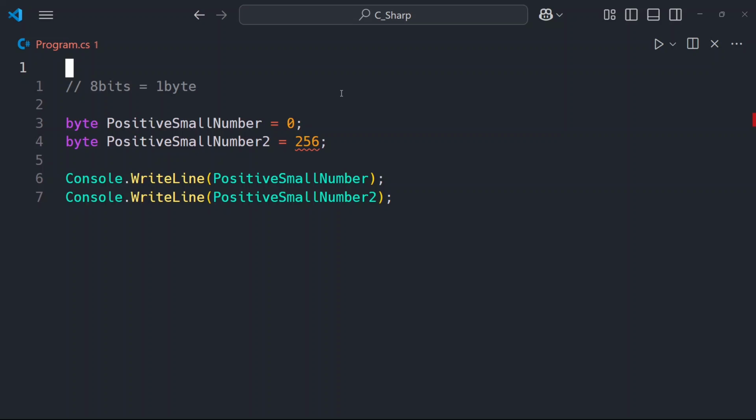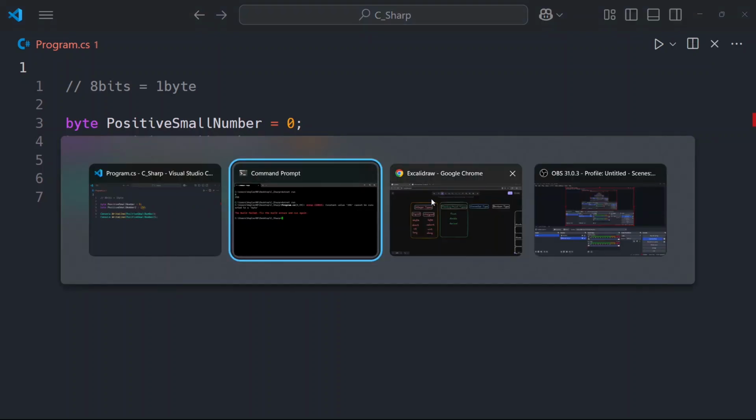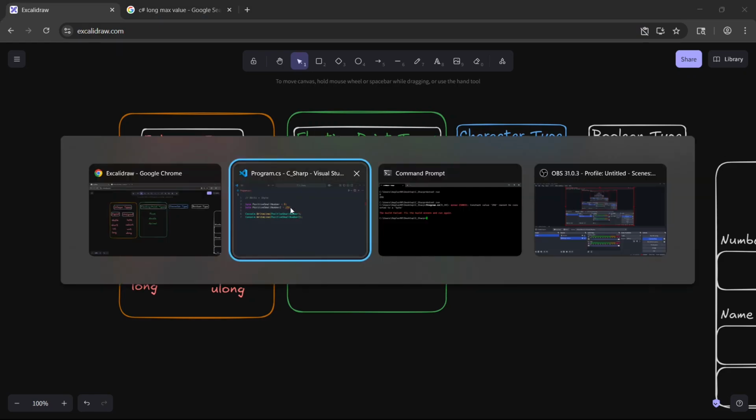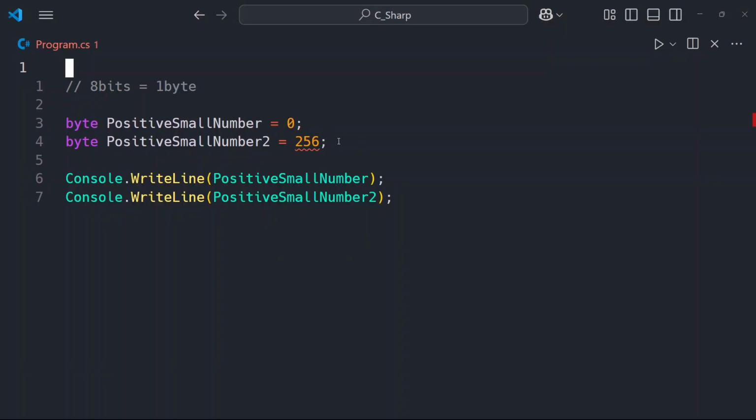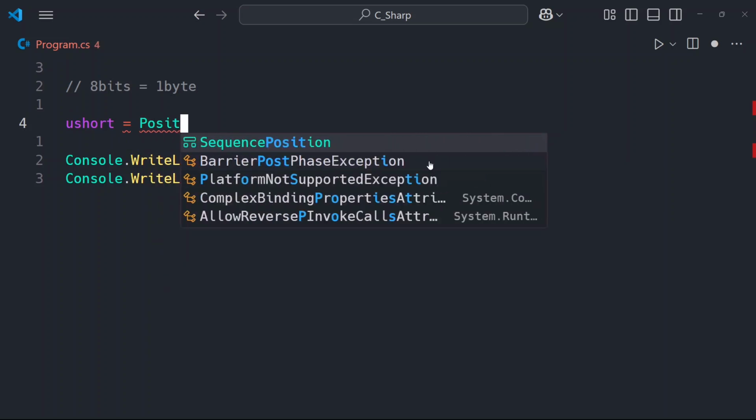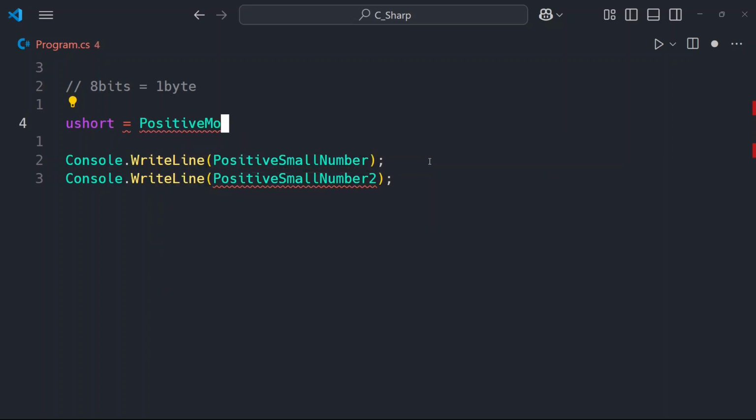So next up, we have ushort. Let's call it ushort.